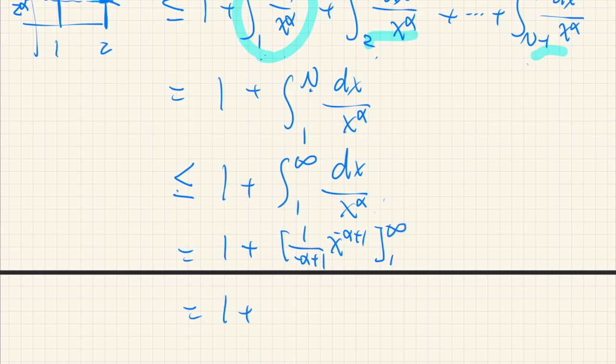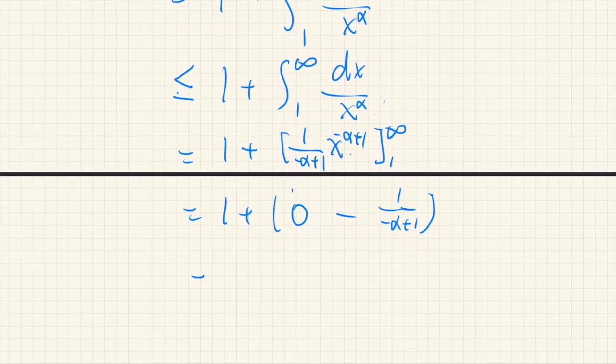If we put infinity here, that's 0. And if we put 1, that's negative, so that's 0 minus 1 over this. So that is 1 plus 1 over alpha minus 1, which is alpha over alpha minus 1.